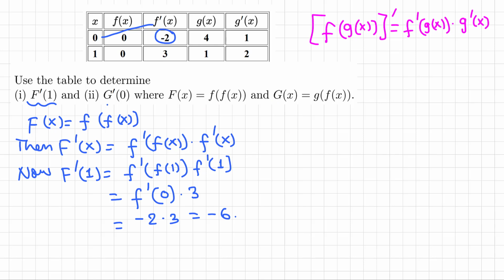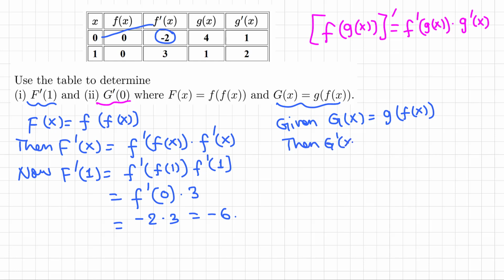So let's do this one. Next is G prime 0. So we start here, G is just this composition, then its derivative from the chain rule is g prime of the outside function times the derivative of the inside function.